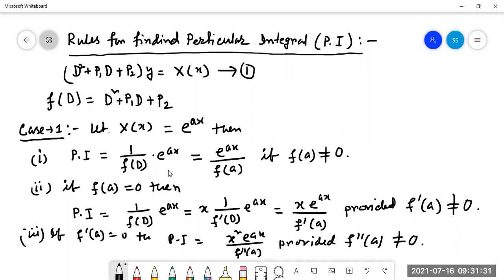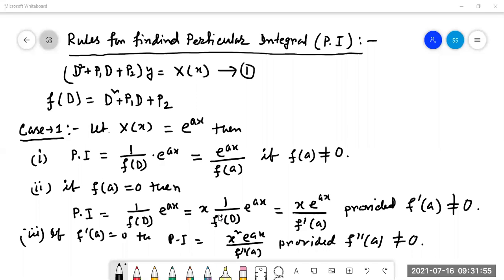Look here. F of D means the function of D will be coming here with e to the power ax. Then the particular integral will be e to the power ax by F of a. Instead of D, we have to put a. If F of a is not equal to 0, then the equation is completed here. We got the PI. Now, if F of a is equal to 0, then we have to take this part.